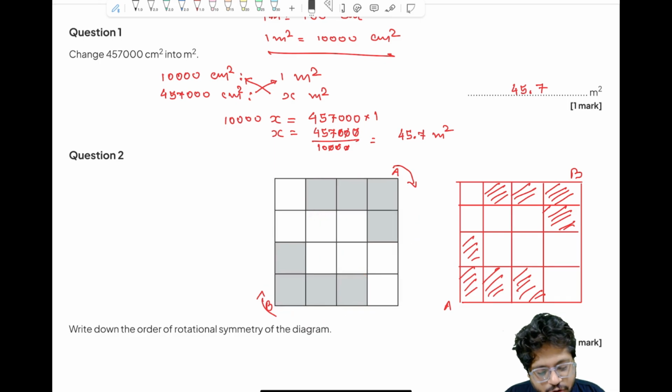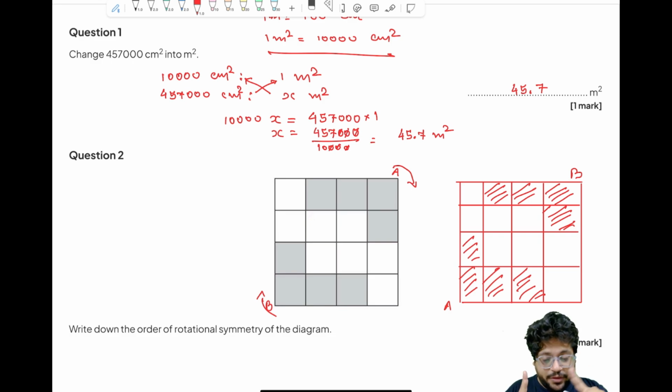And again, if you rotate it by 360, then obviously the same figure will come. Any figure will have one rotational symmetry for sure, that is 360 degree, because rotating any figure by 360 degree is the same as 0 degree. So you are getting back the same diagram. That means the minimum rotational symmetry of any object is 360 degree, and the order of symmetry is 1 in that case.